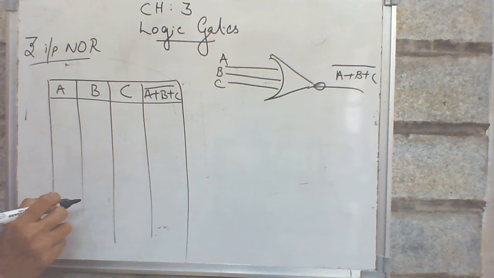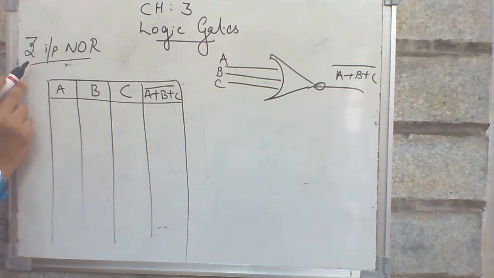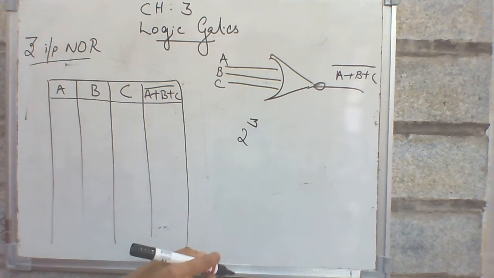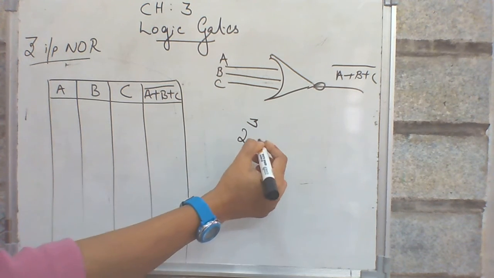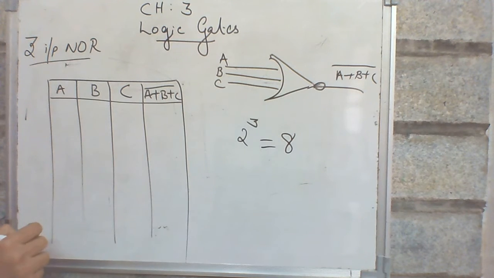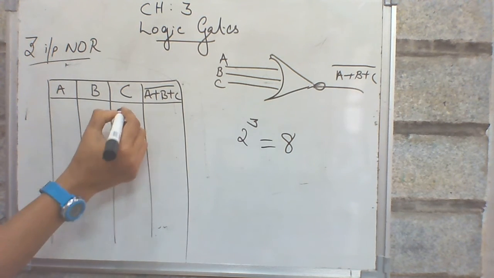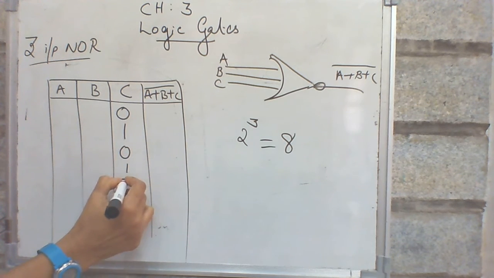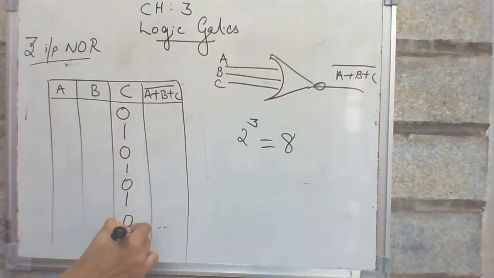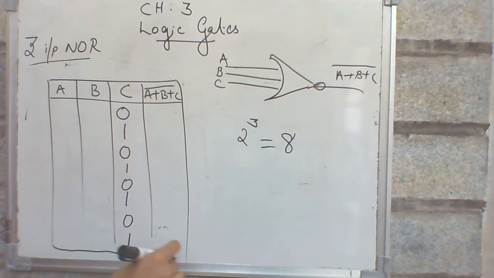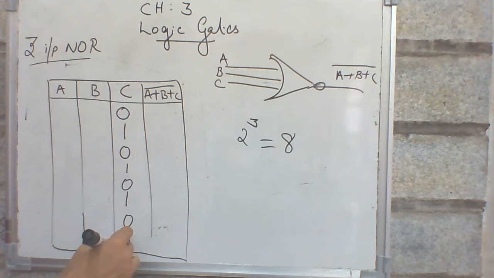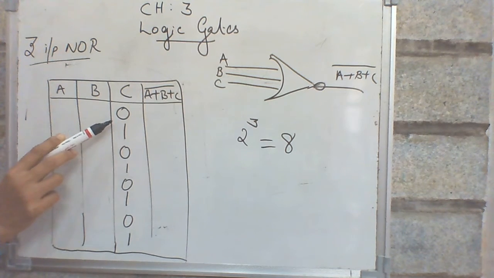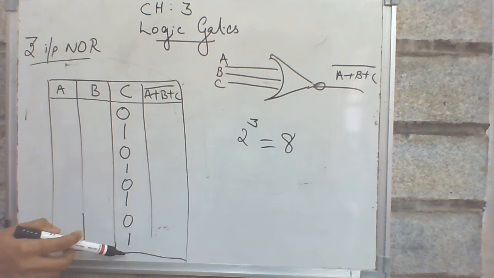Here how many combinations will be there? How many inputs are there? 3 inputs. So how many combinations? 2 to the power 3. What is the value of 2 to the power 3? 8. 8 combinations will be there. So rightmost input C will be in the order 0, 1, 0, 1, 0, 1, 0, 1.